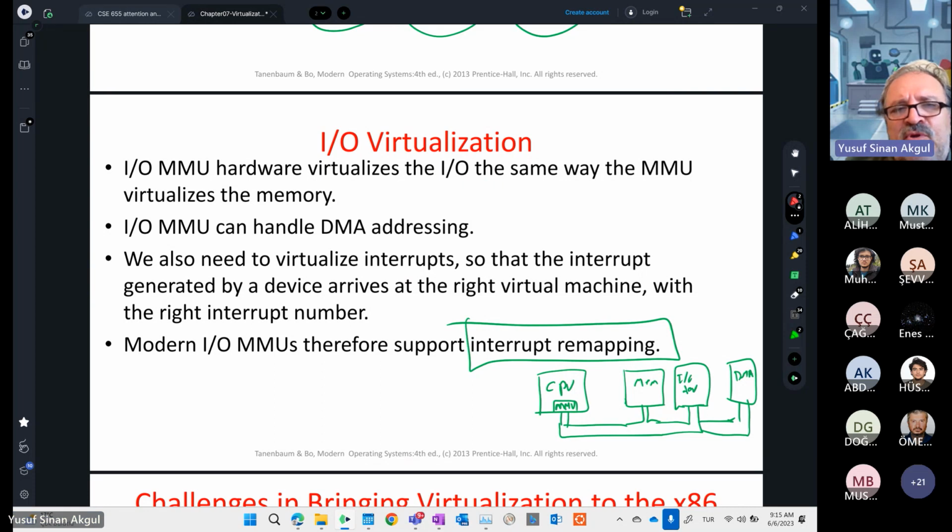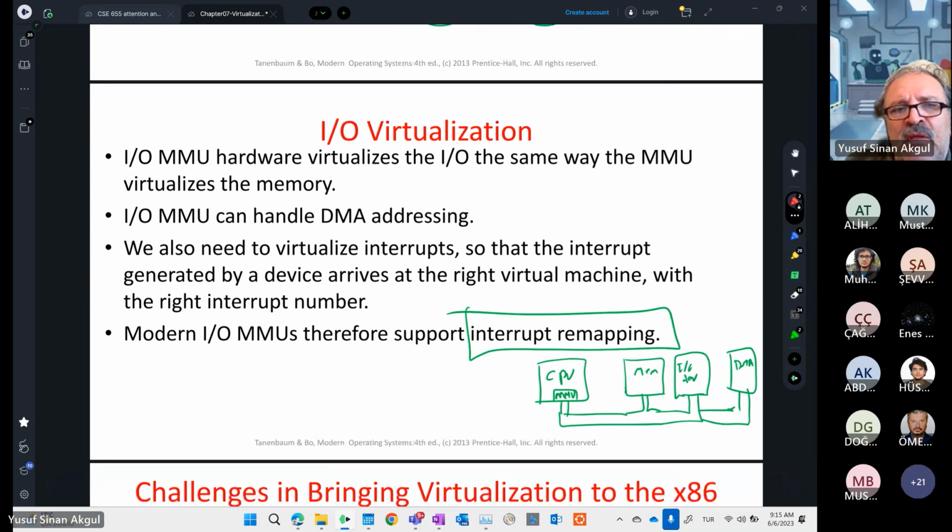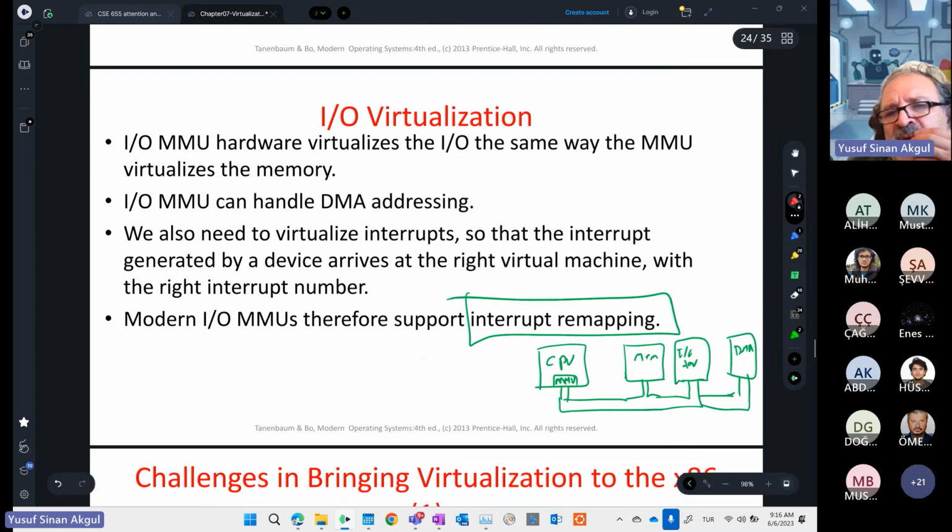And interrupts have to be virtualized. There's an interrupt table, and the interrupt table is different for each operating system, right? Our modern I/O hardware MMUs support interrupt remapping for each operating system. So virtualization support is something more complicated than just CPU virtualization.